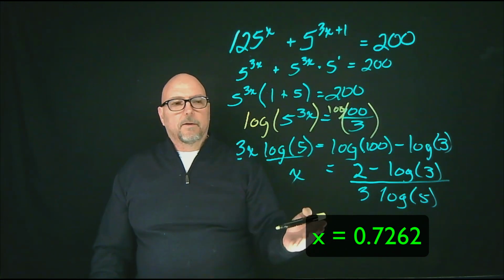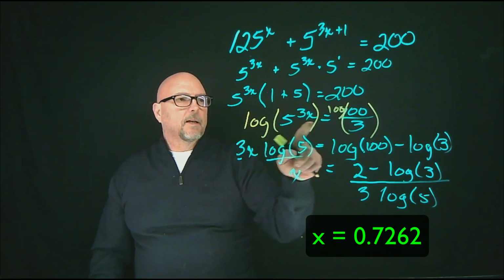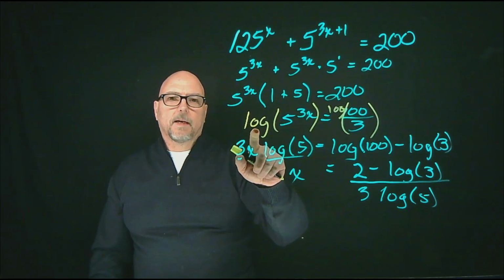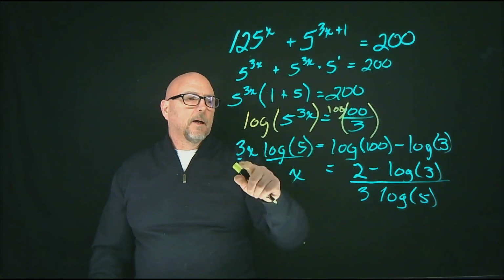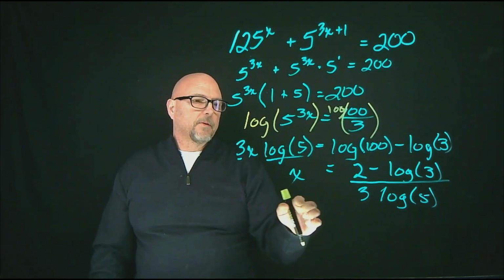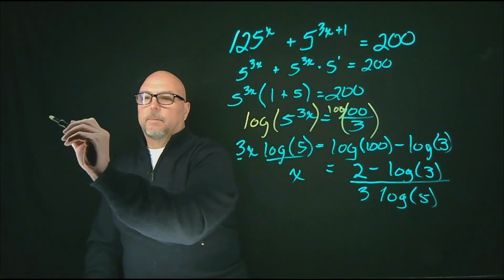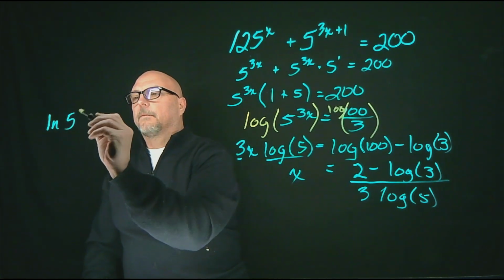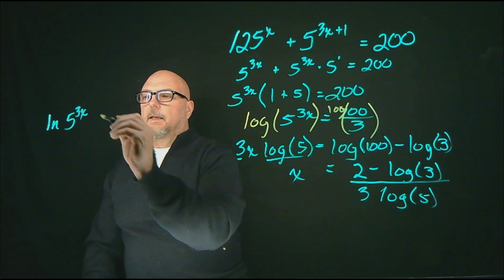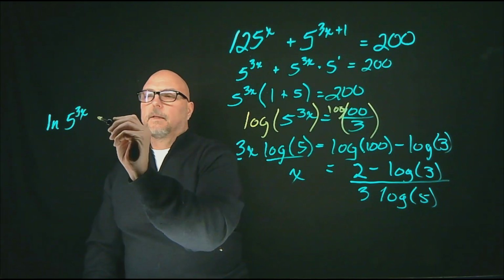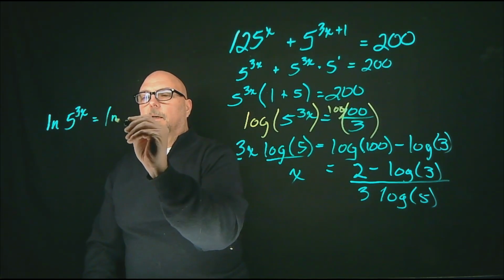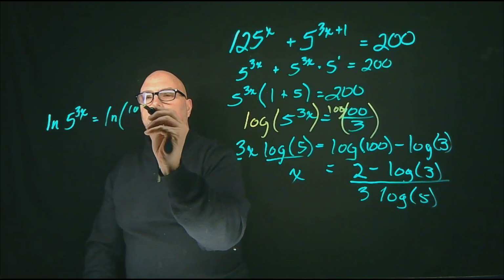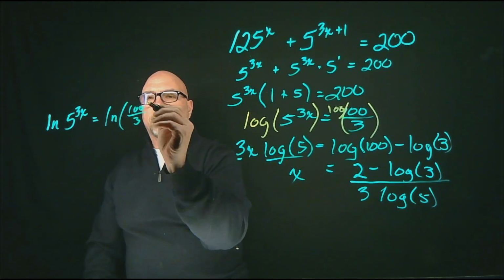The other thing that we could have done is instead of taking common log on both sides, we could have taken the natural log on both sides. So that would change it up still further. If I had taken the natural log of both sides, let's go over here and say the natural log of 5 to the 3x, and that would equal the natural log of 100 divided by 3.